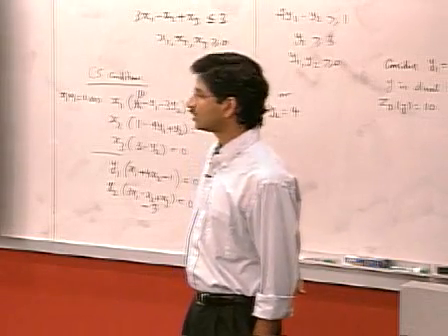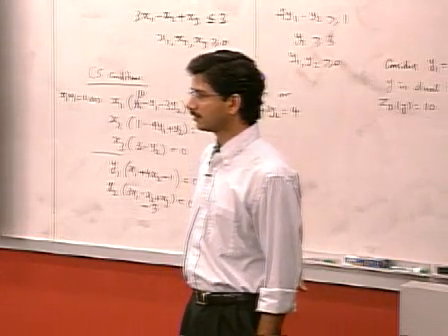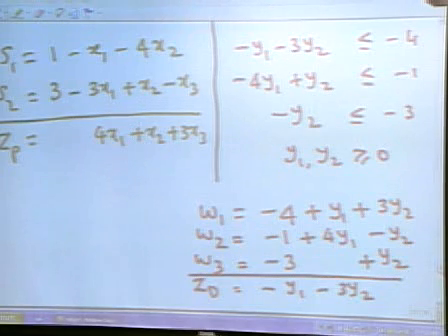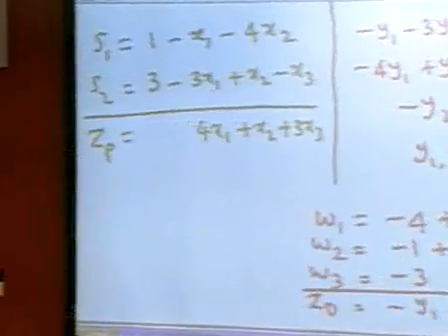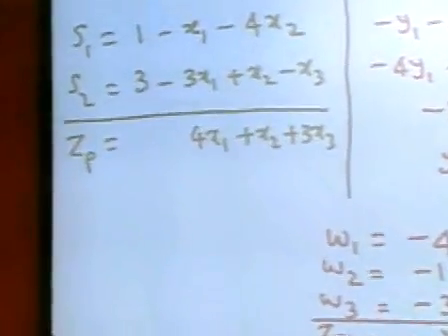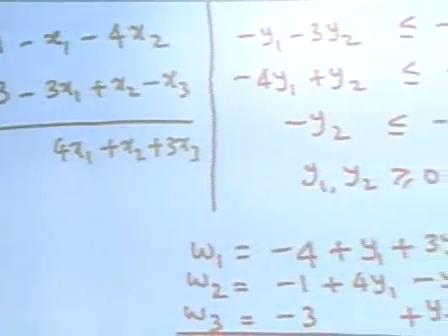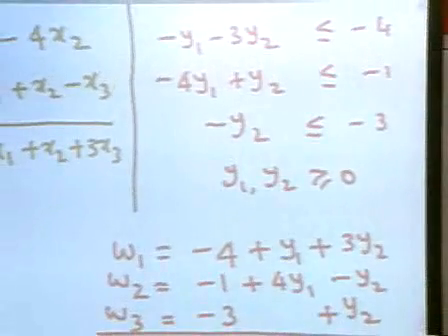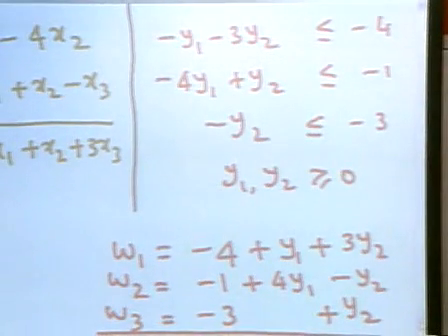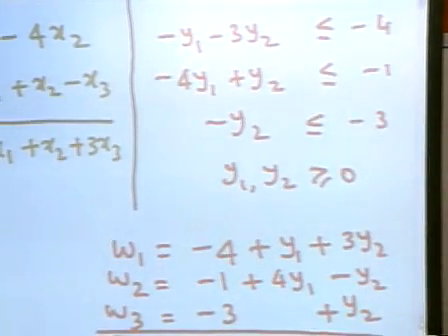Let's look at the last row of the green dictionary. What are the coefficients? 4, 1, and 3. If you look at the first column of the red dictionary, you have 4, 1, and 3 with a negative sign. And actually, that's true for every row.